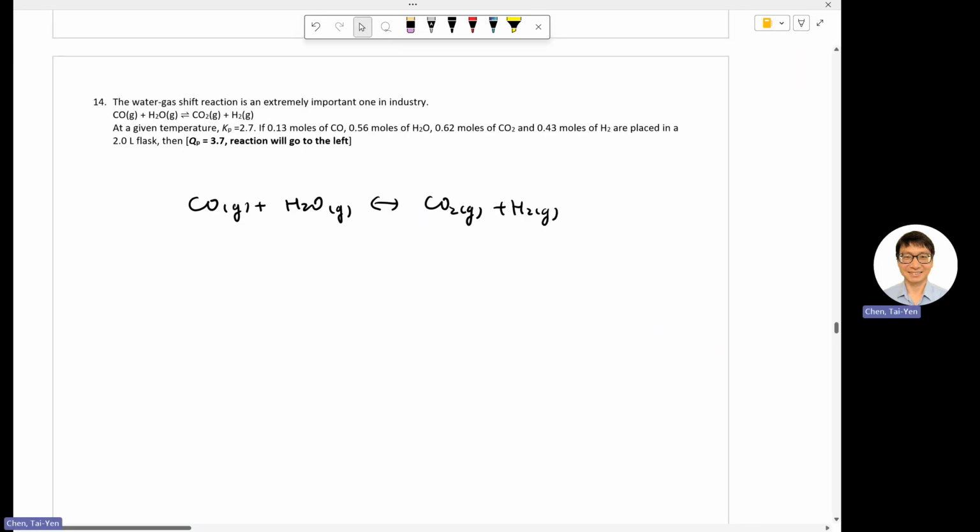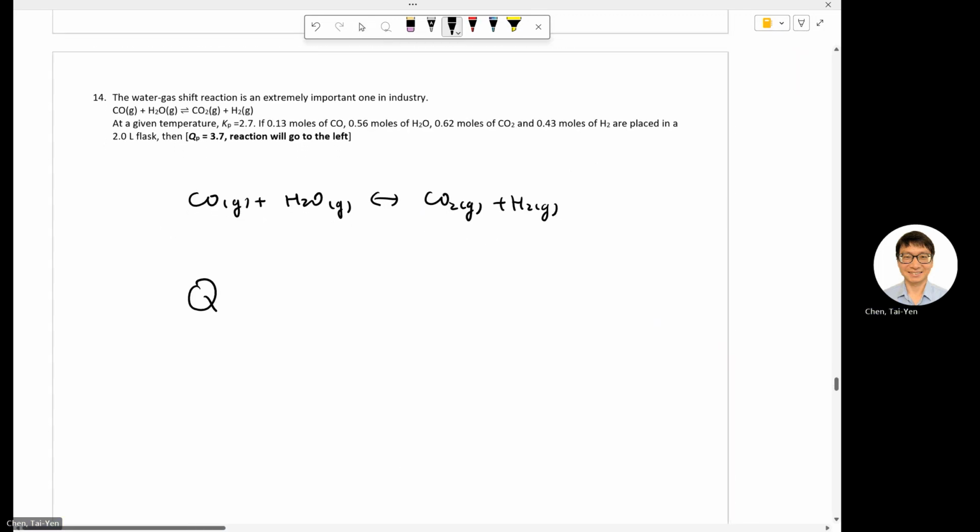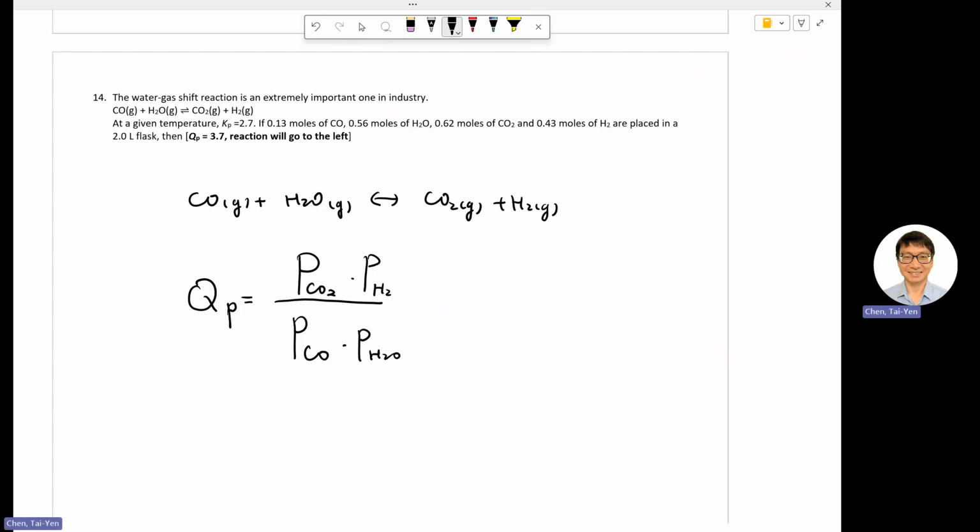The reaction quotient Q can be calculated using the pressure of your products over the pressure of your reactants. You need to know how to write out your reaction quotient properly. It also tells you your Kp is equal to 2.7.